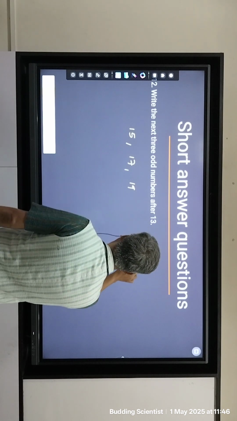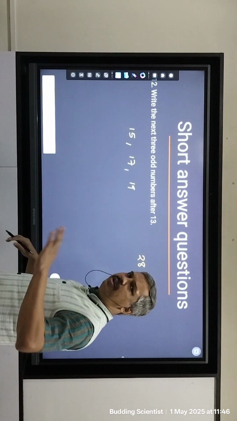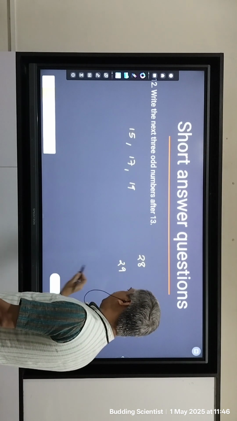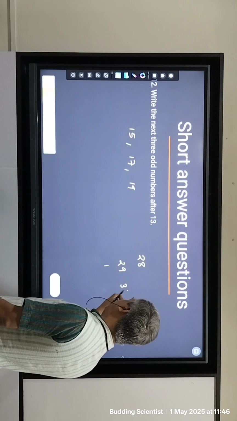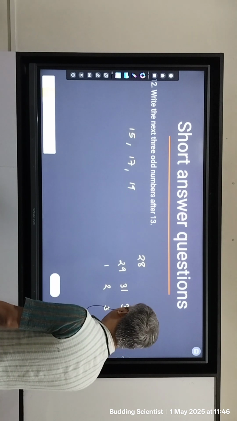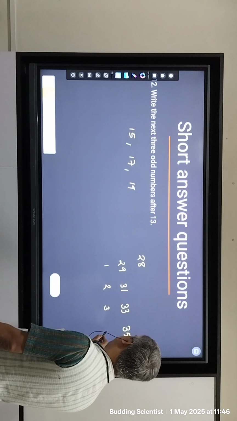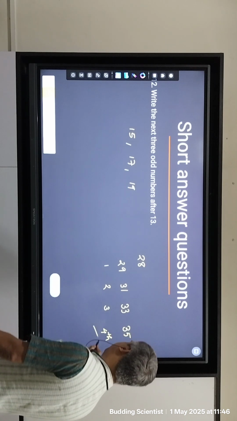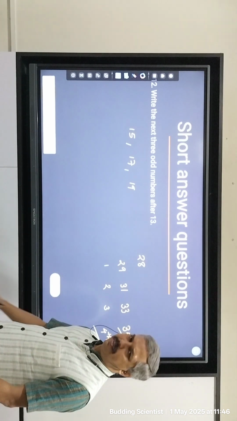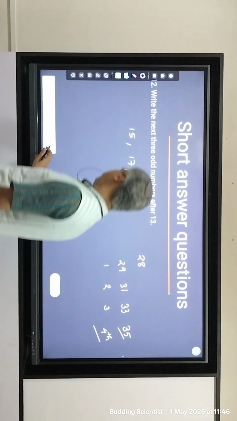So you start with 28 and you want to write the 4th odd number. So after 28, the first odd number is 29, 31 is second, 33 is third, and 35 is the 4th odd number. Any kind of question can be framed with this, but this is very simple.